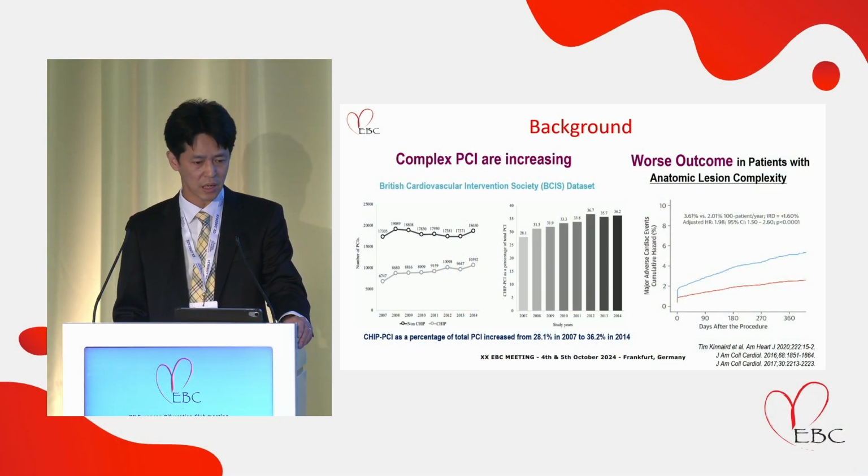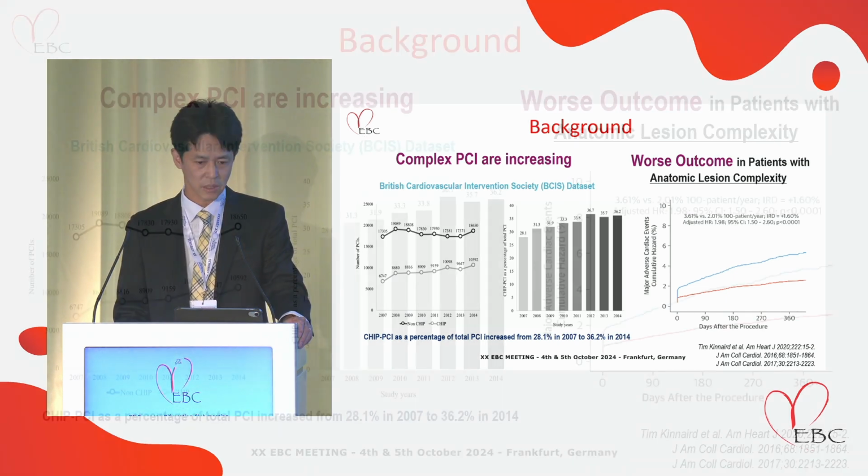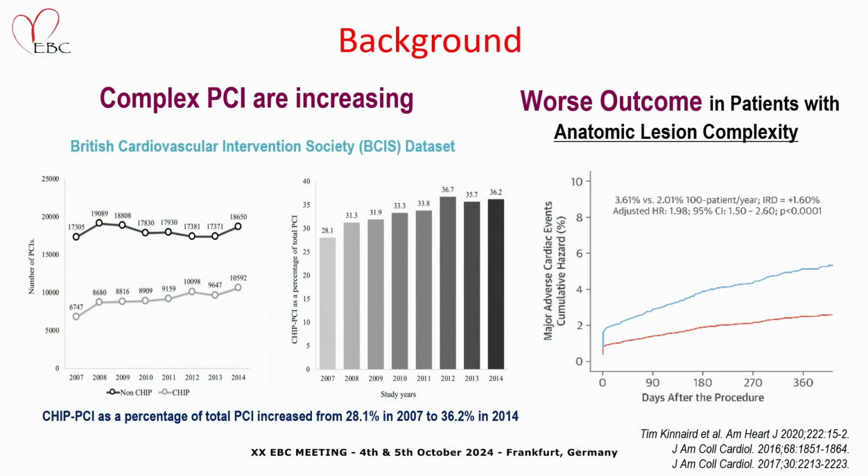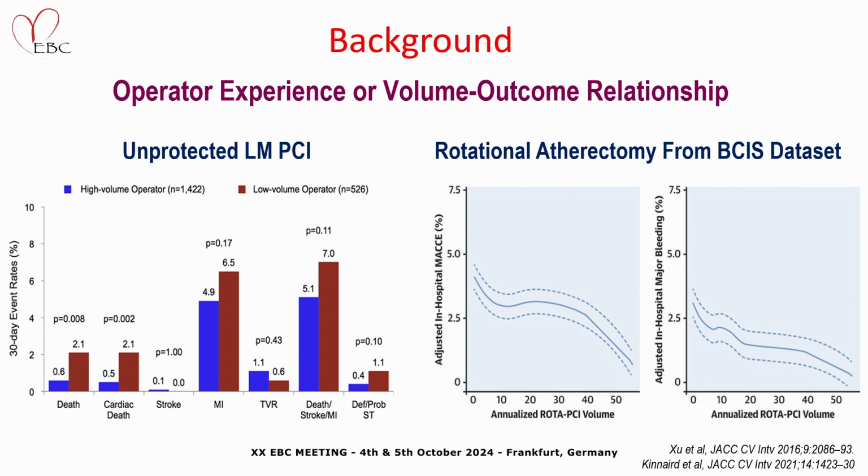According to the British Cardiovascular Intervention Society dataset, CHIP PCI accounted for 28.1% of total PCI in 2007 and increased to 36.2% by 2014. Unfortunately, these complex lesions were associated with worse clinical outcomes, including nearly double the risk of major adverse events compared to simple procedures.